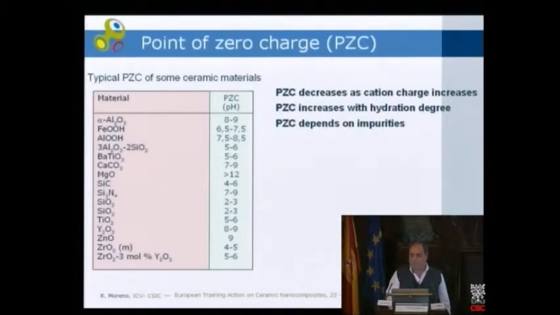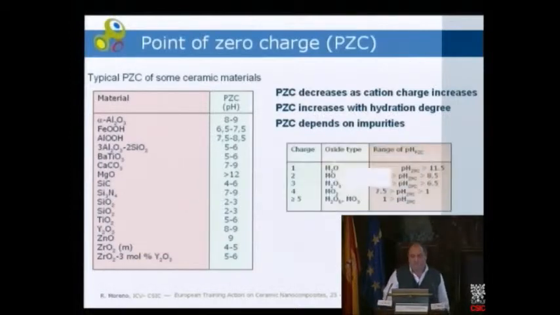And it decreases as cation charge increases with hydration degree, and depends also on the presence of impurities. In general, we consider that very basic oxides, type M2O, will have very high isoelectric points, or point of zero charge, more than 13 normally.